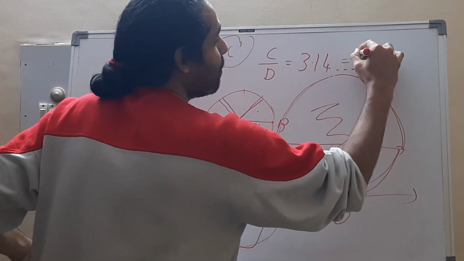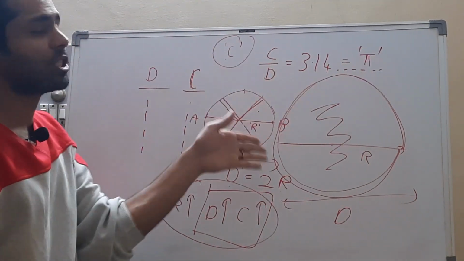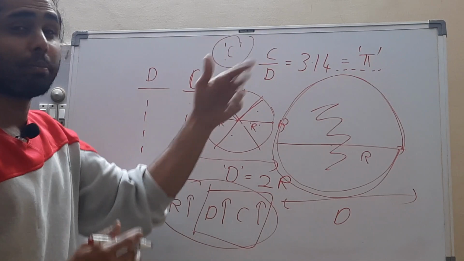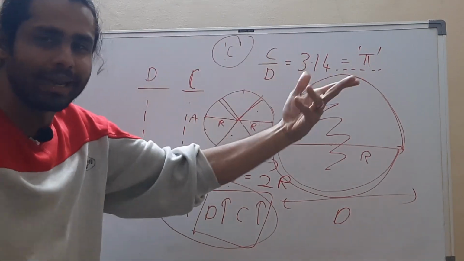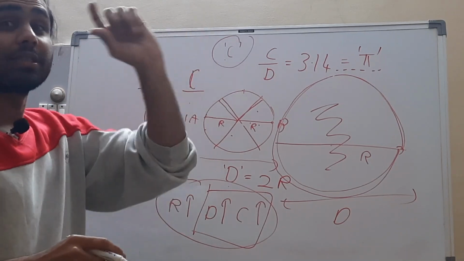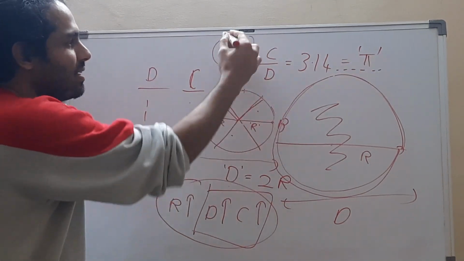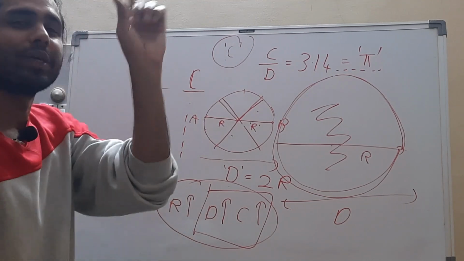So we call this pi. The reason we actually call it pi is because the Greeks were the first to kind of work on this, and for them in the Greek language, perimeter starts from P. The first letter in Greek was pi. And since we're talking about circumference is just perimeter, right? So that's where the word pi comes.